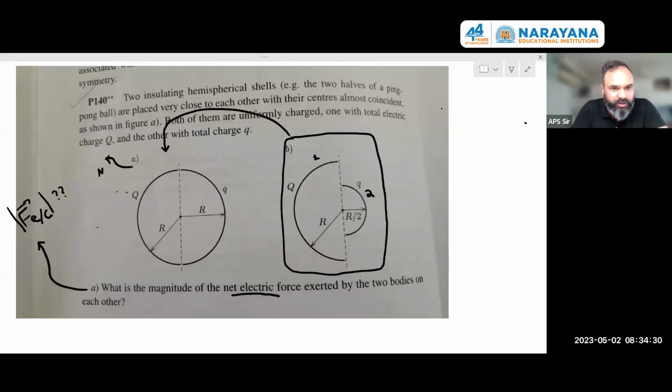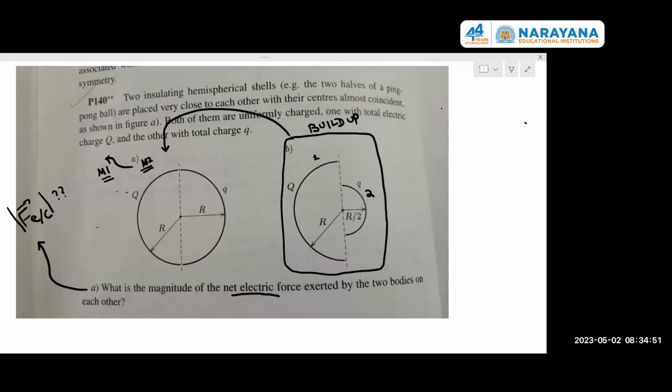So I'll discuss two methods in solving this problem, method 1 and method 2. This problem is a build-up of that one. The radii here are different, r and r by 2, and he wants me to find out the force. So I'll explain this problem to all of you.